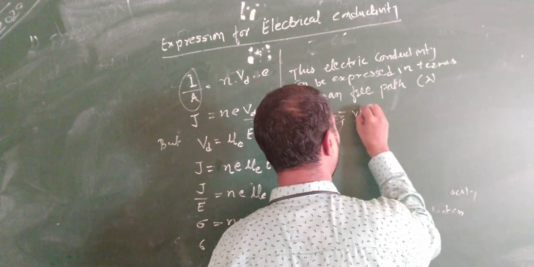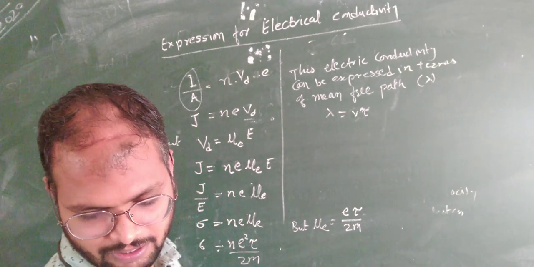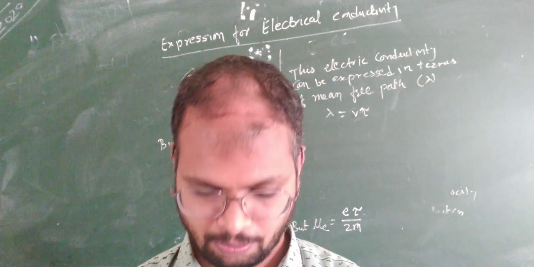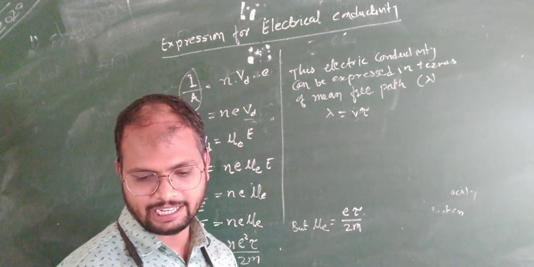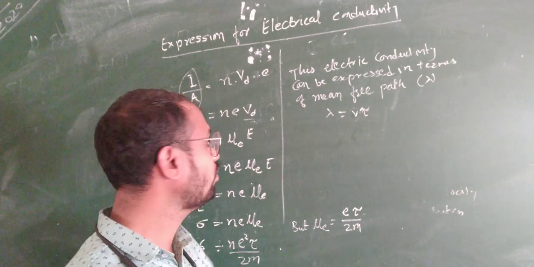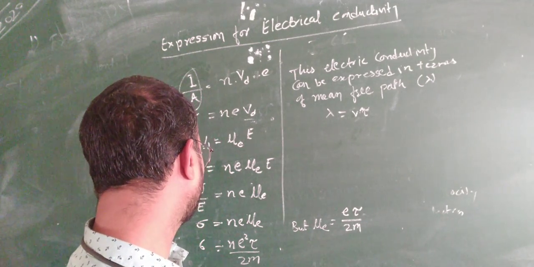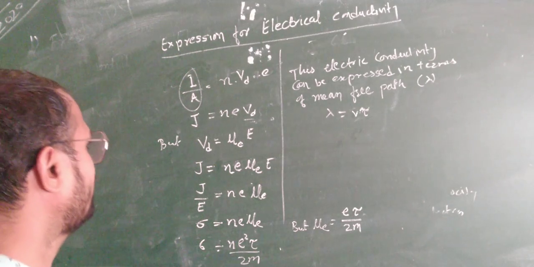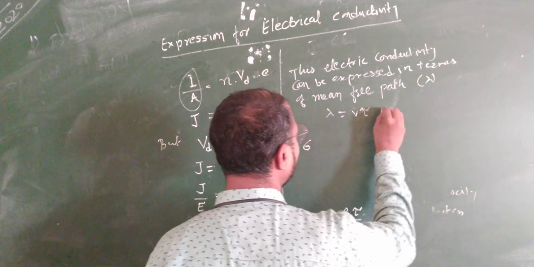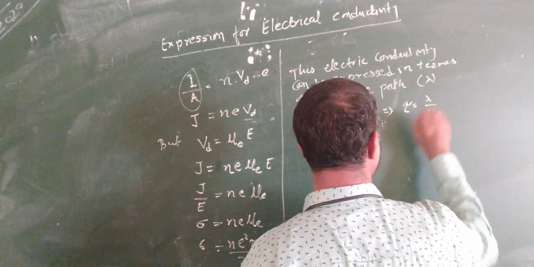Where v is the average thermal speed of the electron in the absence of electric field, and tau is the time between two successive collisions. So tau is nothing but lambda upon v.